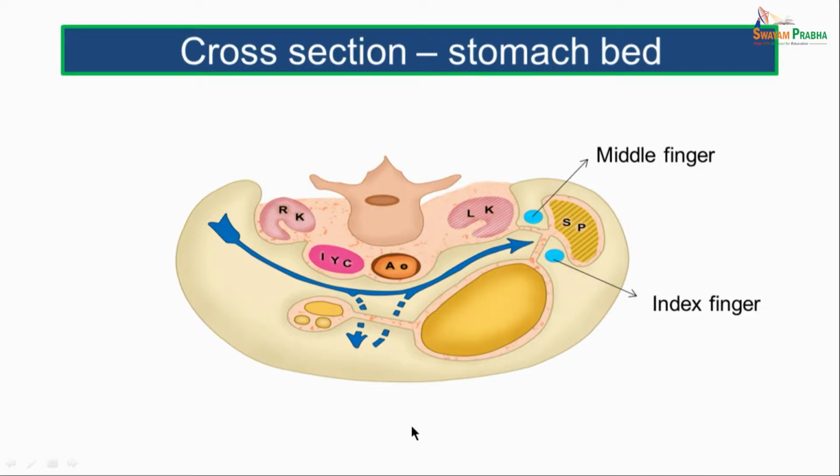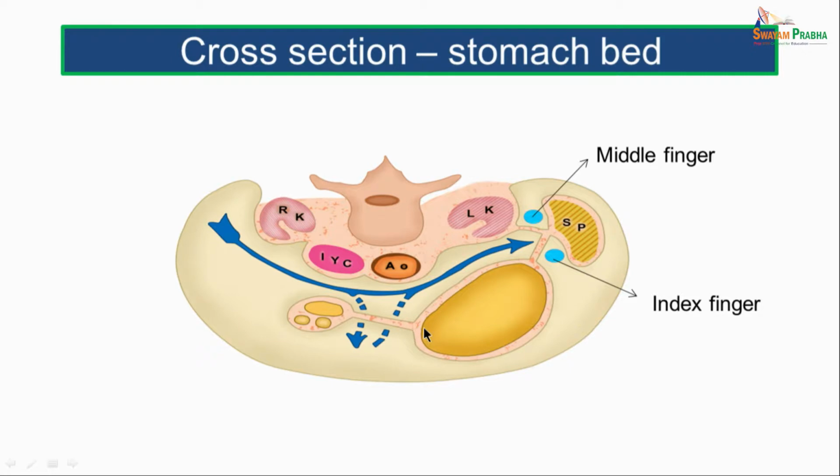This is a cross section through the stomach bed. Anteriorly, what we see here is the right free margin of the lesser omentum, which contains the portal vein, the bile duct and the hepatic artery. When we trace it from here towards the stomach, this is the lesser omentum.